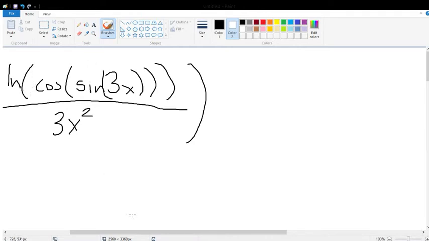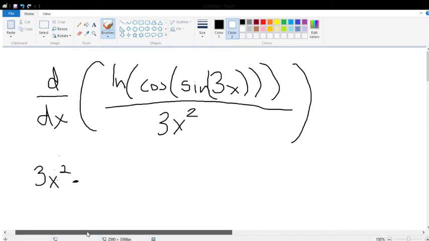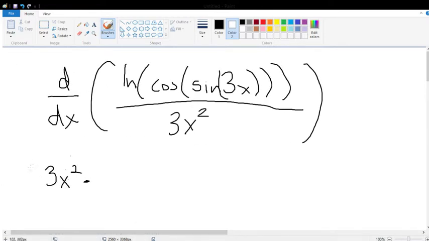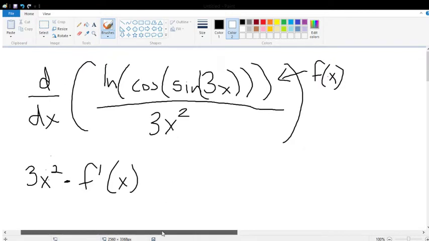I'm going on an aside here because our quotient rule tells us to write out the bottom function and take the derivative of the top function, multiply them together. Bottom function times f prime of x, and this top part right here is f of x. So we need f prime, the derivative of this right here. I'm going to do an aside to find f prime.